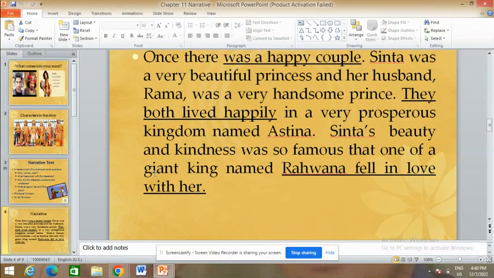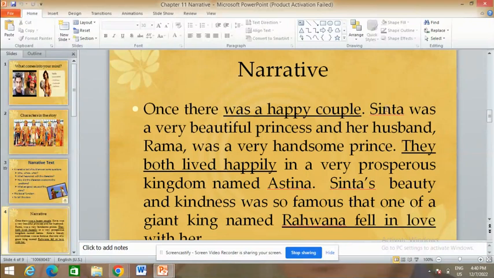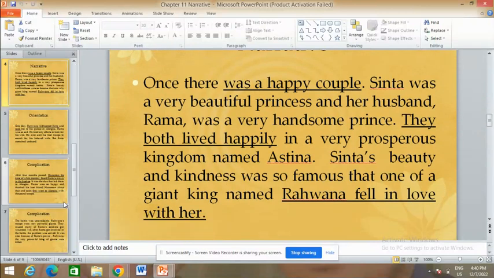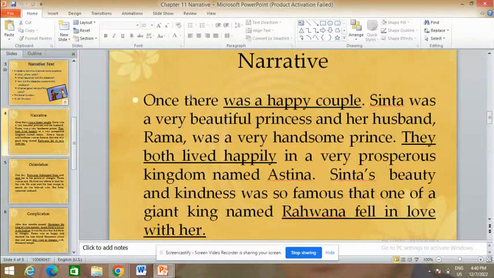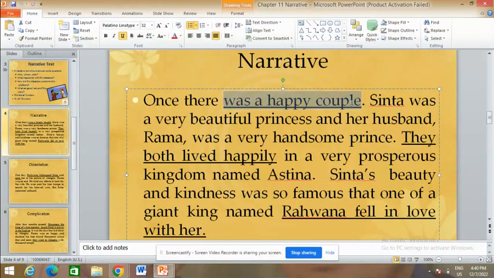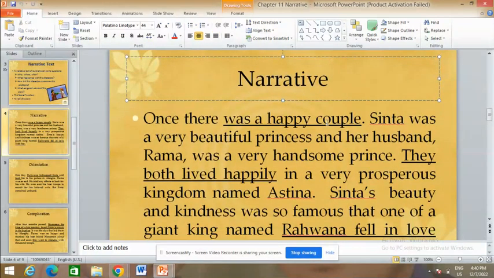Alright, let me tell you about a happy couple, Sinta and Rama. Okay, this is our orientation. Once there was a happy couple. You may take a look at the underlined word here.